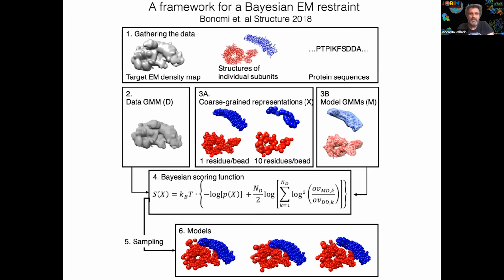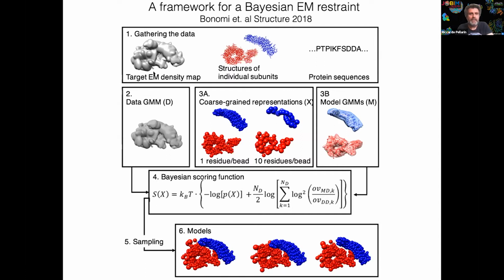So in the past, we've been working on a framework for a Bayesian electron microscopy restraint, which uses the target electron microscopy map, and the individual structures of subunits are represented as rigid bodies or flexible, with some flexible parts.